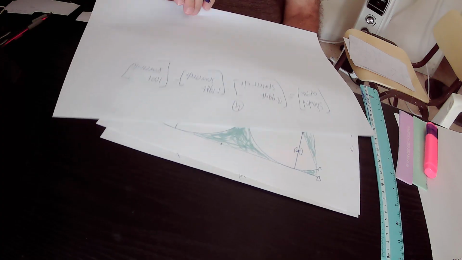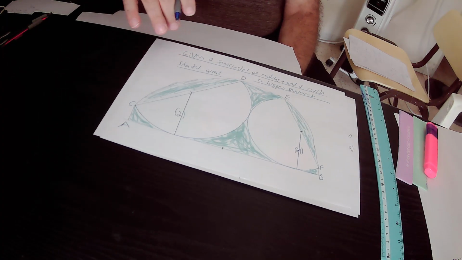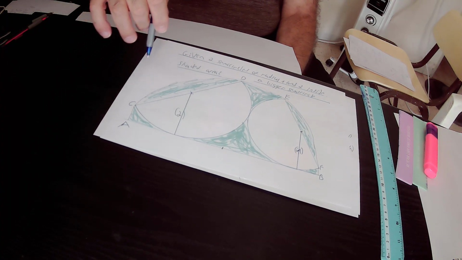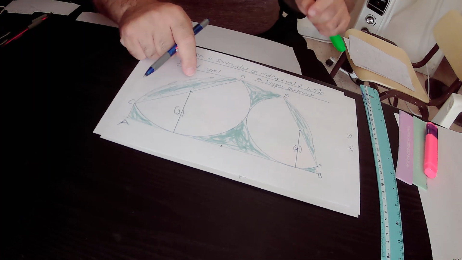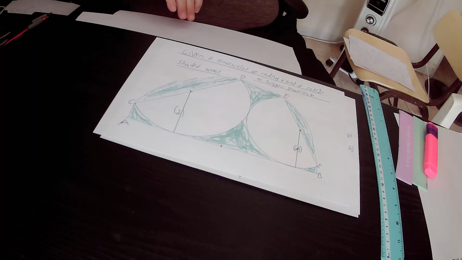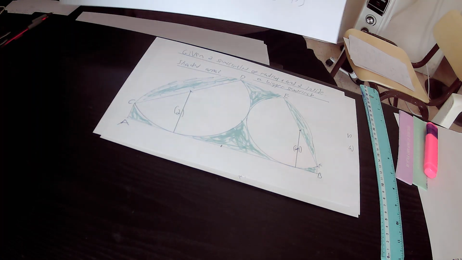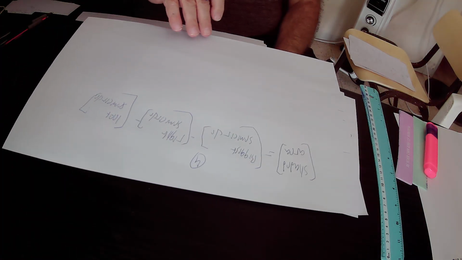It's very easy to see from the drawing that if you subtract from the area of this biggest semicircle those two areas, you will get the shaded area. Very simple.